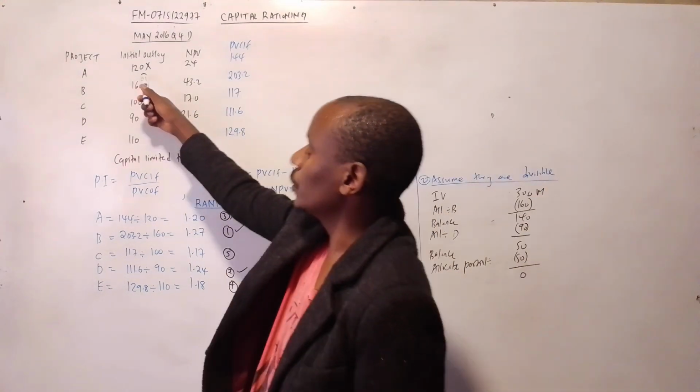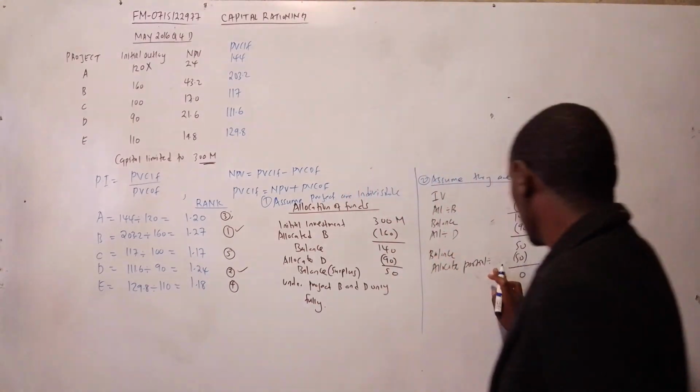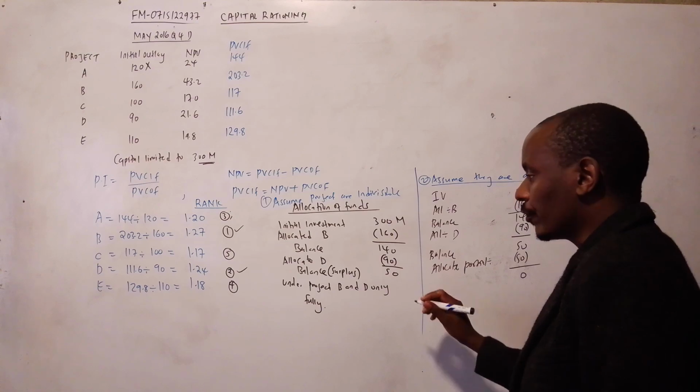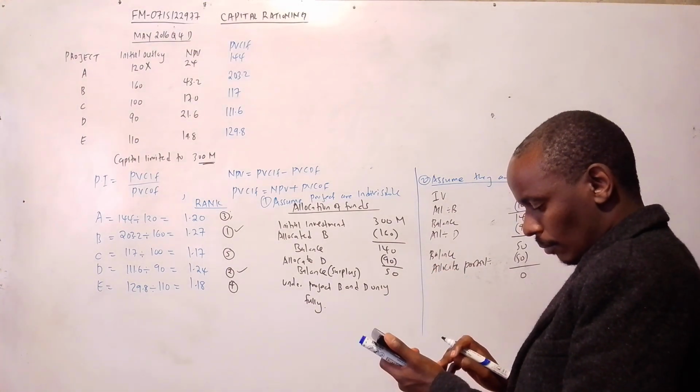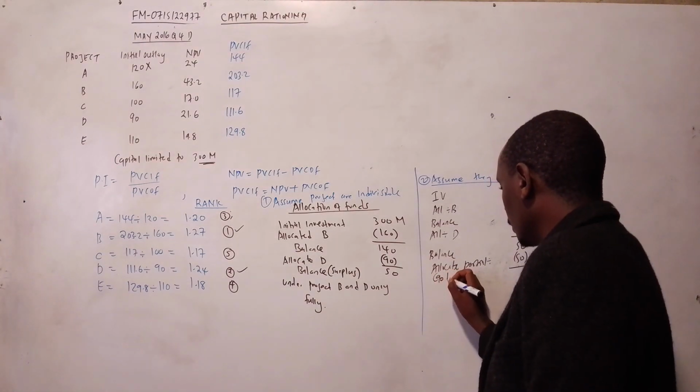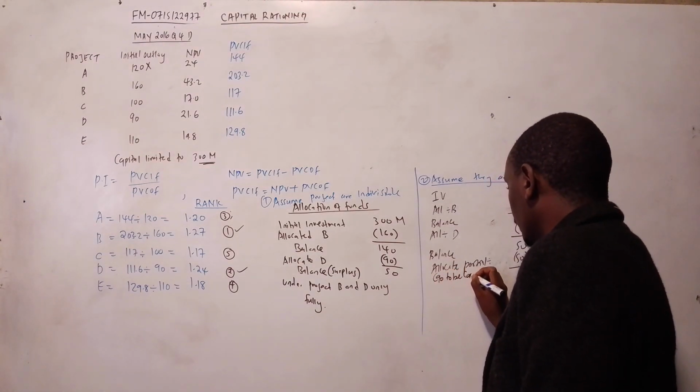So the remaining amount of investment is 120 minus 50, which is 70, to be completed later.